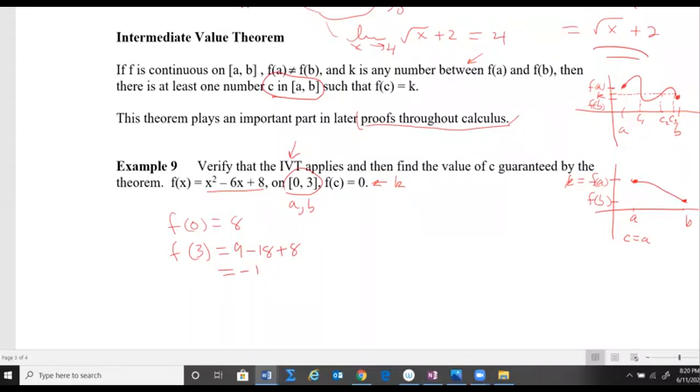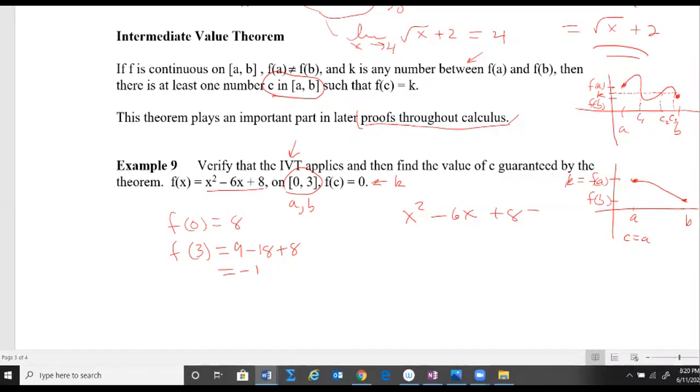And it could actually be the 8 or the negative 1, but in this case it's 0. So everything fits. That means the theorem tells us that there must be some number inside there between those two where we get a 0. In other words, k equals 0.